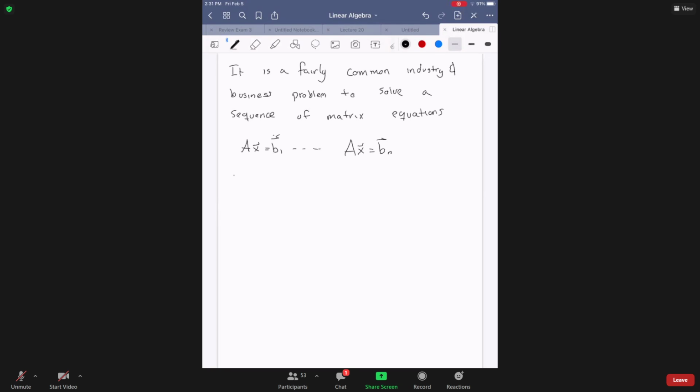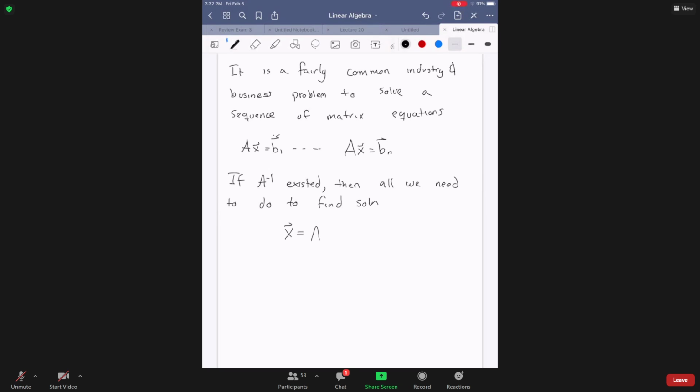So if A inverse existed, all we need to do is find the solution.